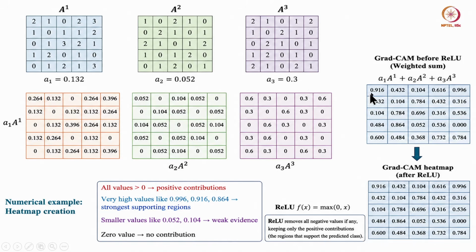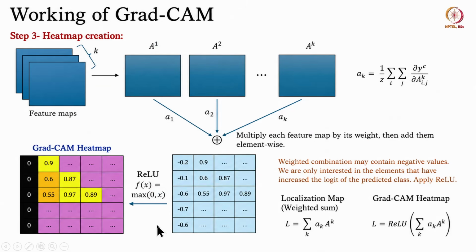When you do the element wise addition, you get these values. Now you pass this through ReLU, and what ReLU does is it will choose only the positive values. In this example, we don't have any negatives, but if you had, it would not choose them. After choosing, it creates this map.